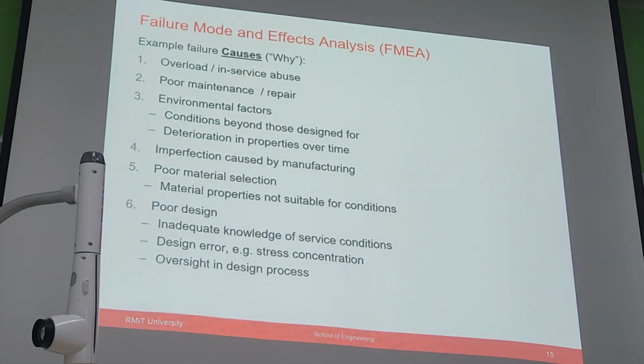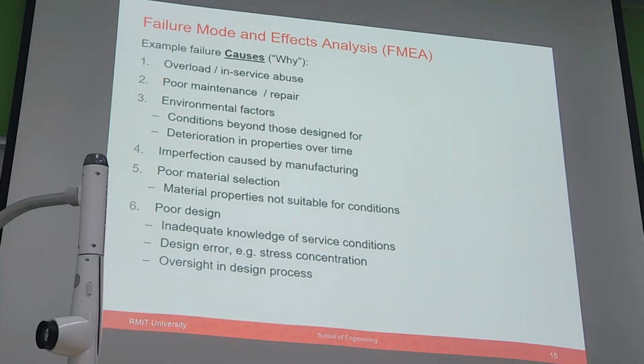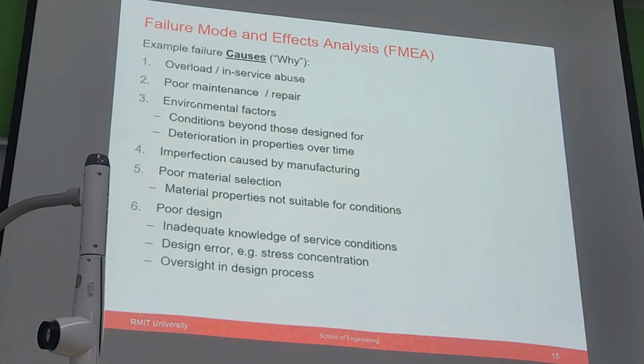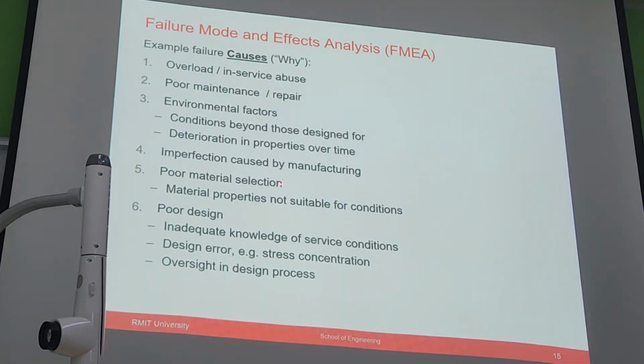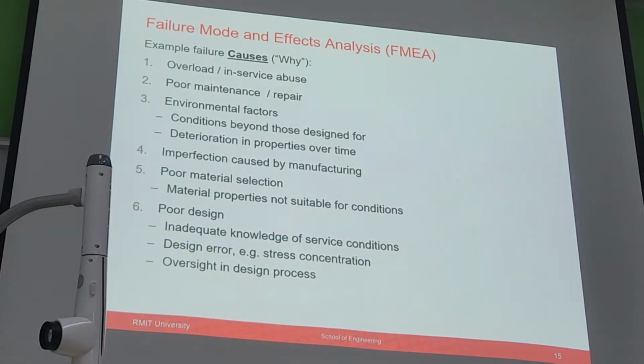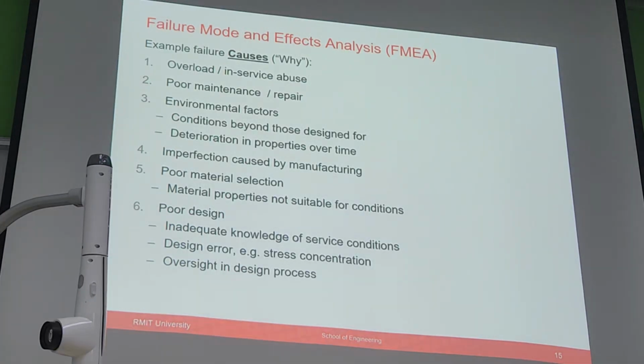For example, every 6 months you have to do maintenance, so poor maintenance or repair, you put it there. It means why. Environmental factors, conditions and something like that. Or poor material, if you choose it, you have to put it there. And poor design is also one of them. For example, it has a lot of stress. Okay?